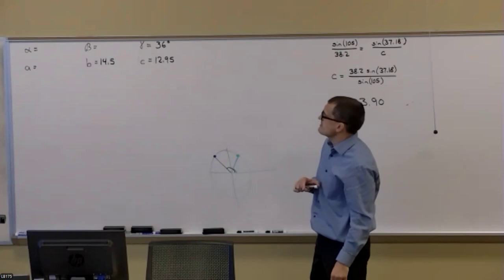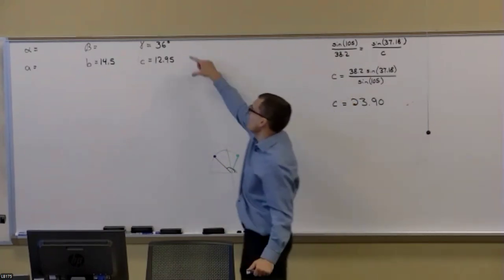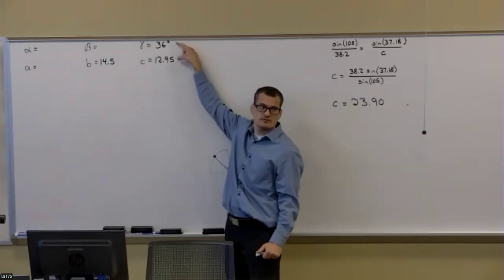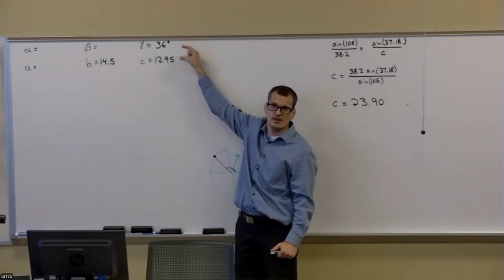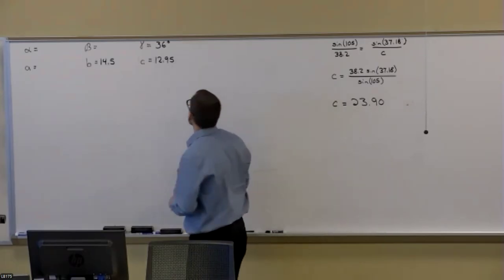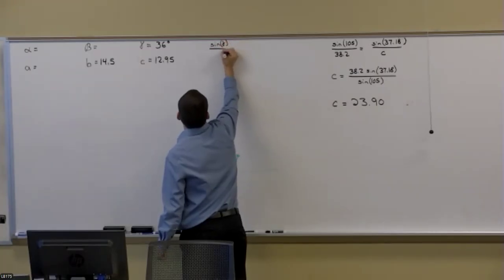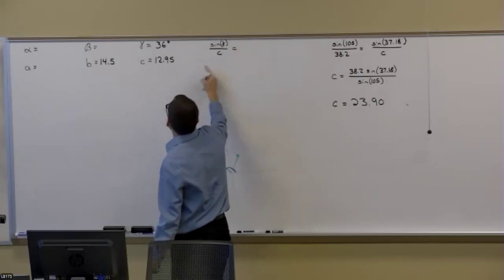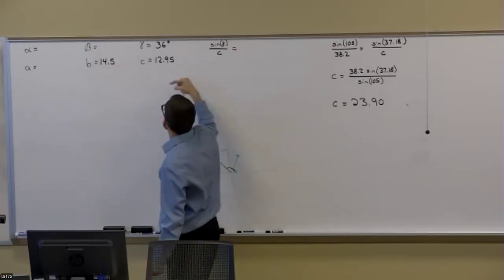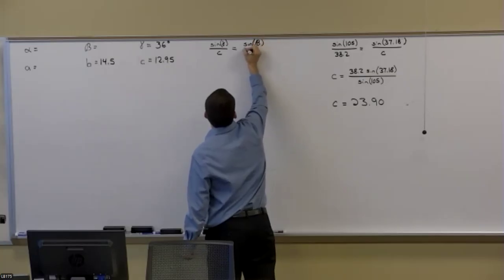Well, the nice part of this problem is that we have one ratio for the law of sines. That's a nice thing. We have that the sine of gamma over C, that'll be a constant. So I'll find beta using the law of sines.